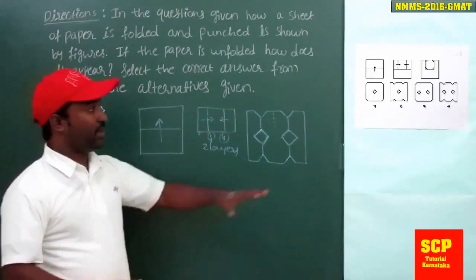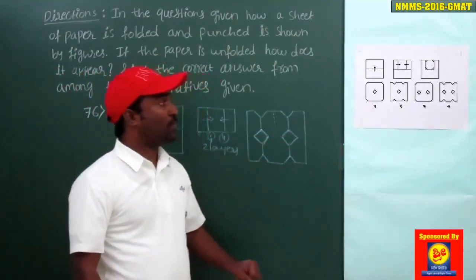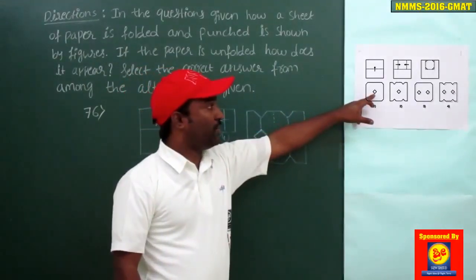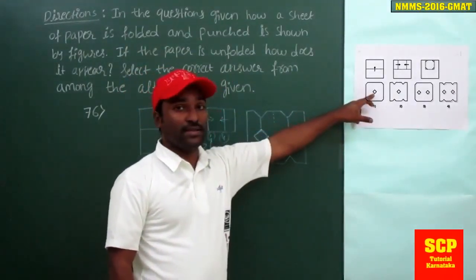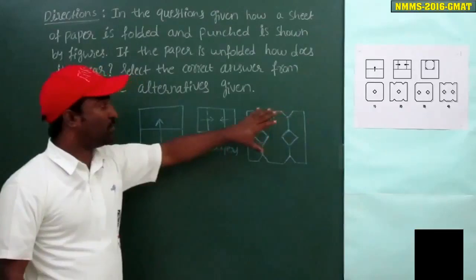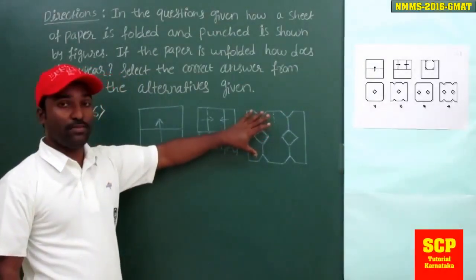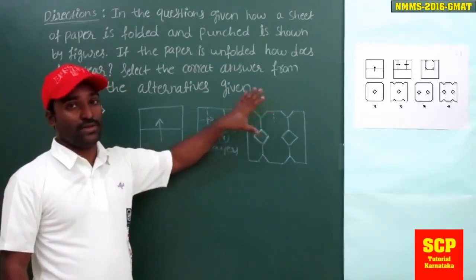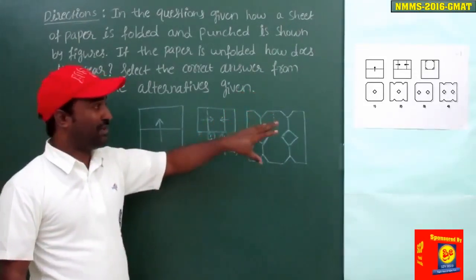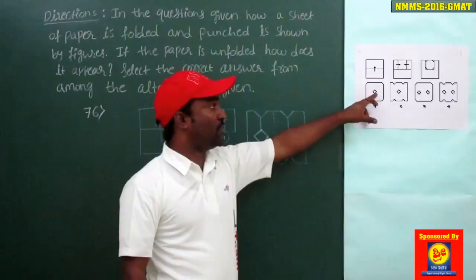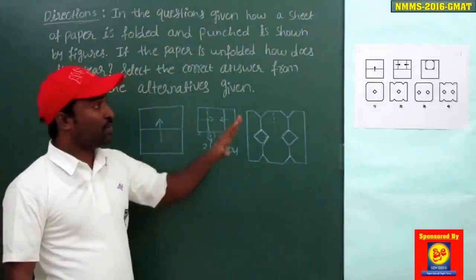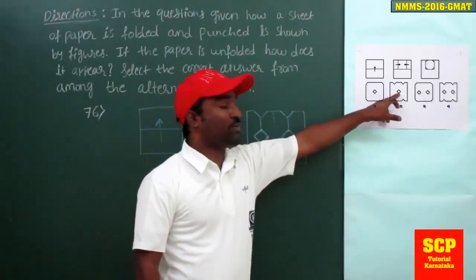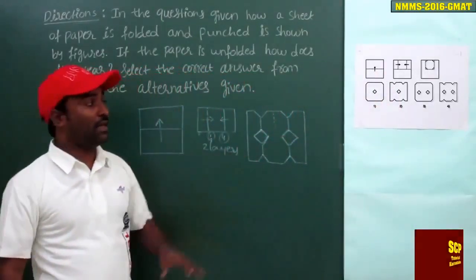Now you can use the elimination technique to eliminate different options. In the first option, I have only one hole at the center, but according to the punch made on the paper, there should be 2 holes near the center. There should be 2 holes, but in the first option I only see 1 hole. That is the wrong one. Moving to the second option, the same thing: only 1 hole at the center, so it is eliminated.